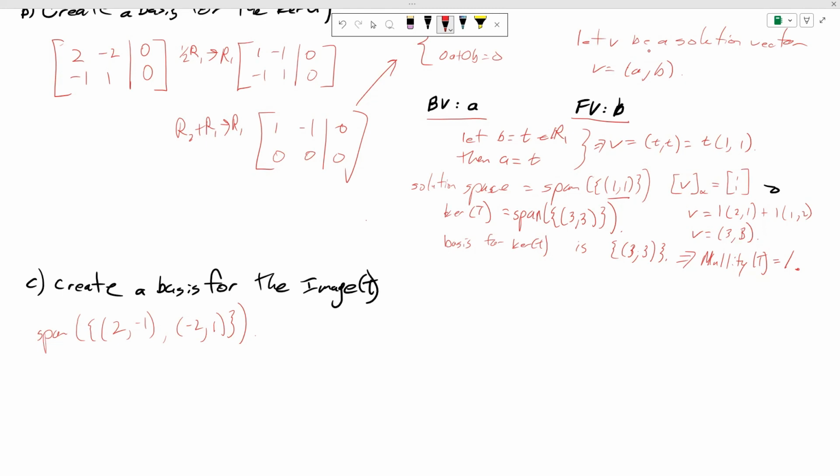We just collect the vectors corresponding to our basic variables, so this equals the span of the set containing the vector (2, -1), as that is the vector corresponding to our basic variable.